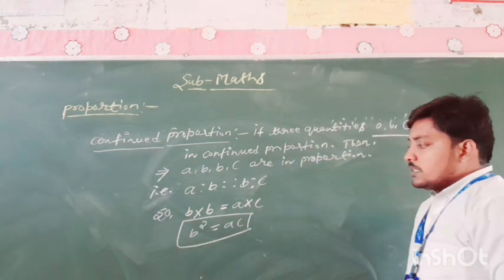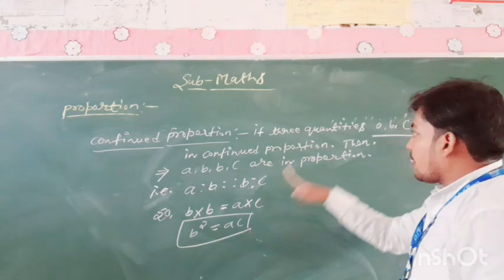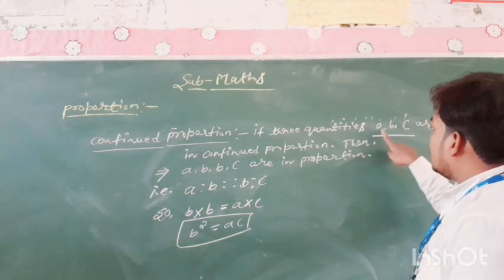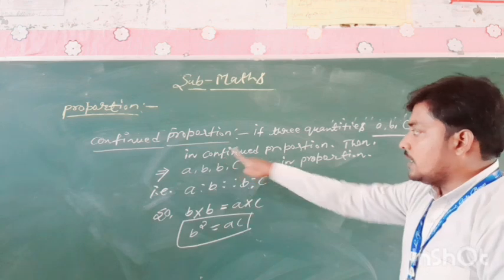So it is the relation between A, B, C when these three quantities are in continued proportion.